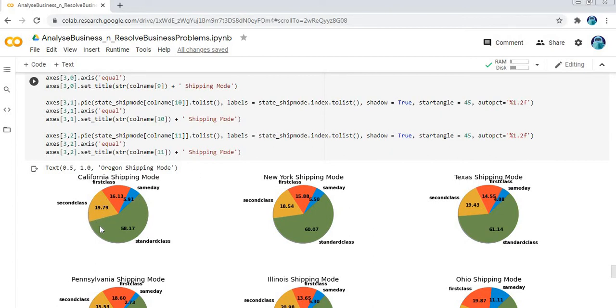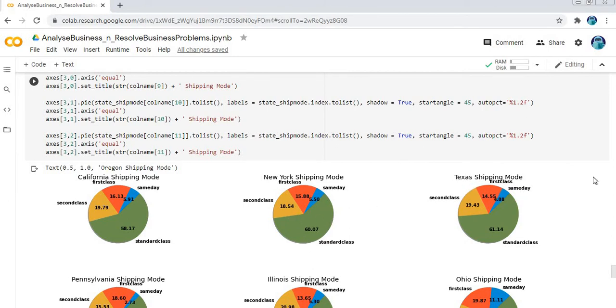As you can see, California and New York, which are performing better, have done 58% standard class delivery, 16% first class, 19% second class, and same day only 5%.